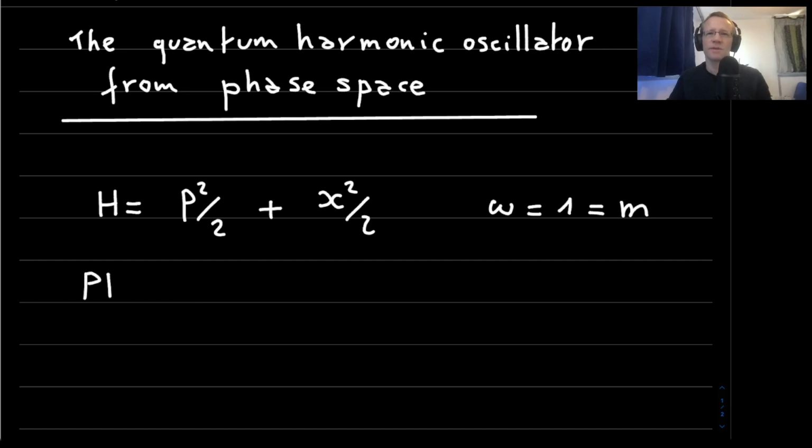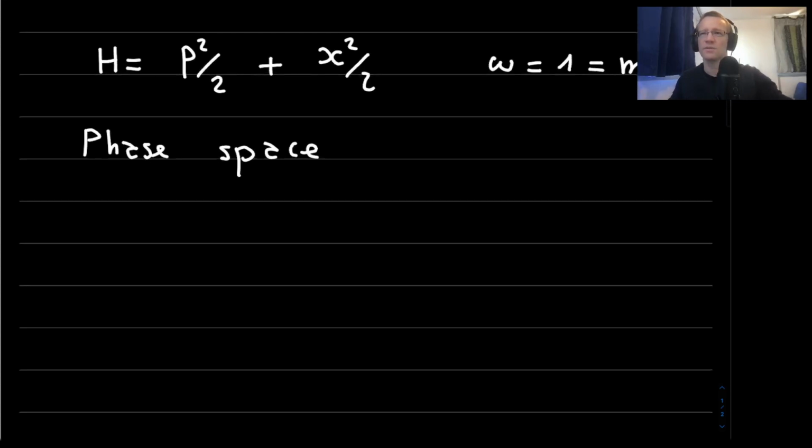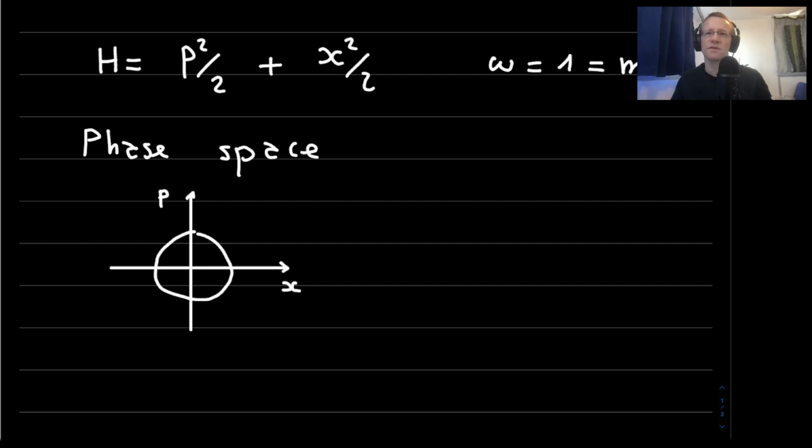If we draw the phase space, which is the position momentum space, we can just draw a vertical and a horizontal axis. Let's say the vertical axis represents momentum, the horizontal axis represents position, and then constant energy phase space trajectories are circles centered on the origin.